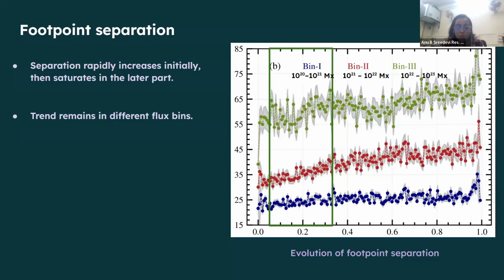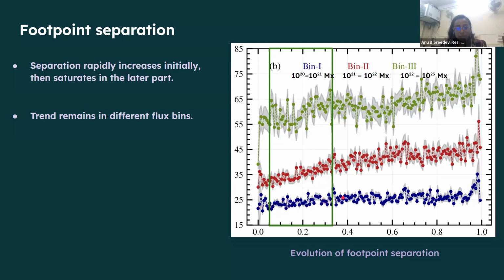Now, the next thing I checked is whether the trend remains the same in all the flux bins. I separated the BMRs into different flux bins with one order of magnitude difference between bins, and I see that yes, the trend remains. The majority of the BMRs lie in the moderate flux bin, that is 10 raised to 21 to 22 Maxwell, and the trend remains well there.